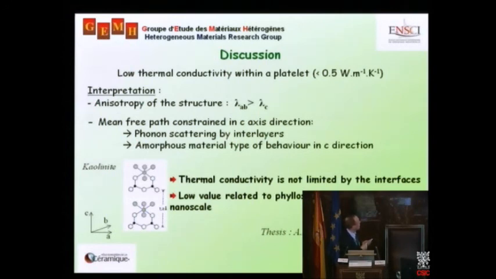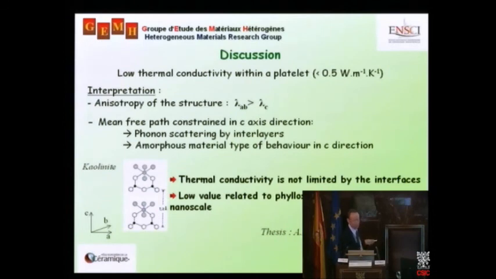And the second aspect is we have the interlayer in between each block of kaolin. And we think that it's this feature, which is at the nanoscale, which is controlling the thermal conductivity of kaolin and making it very low. So this is our conclusion, that the clay is basically a nanomaterial.